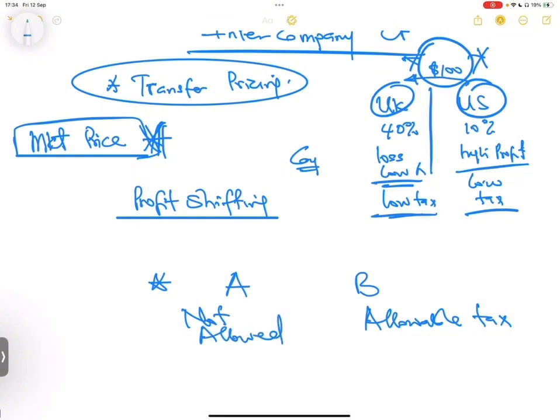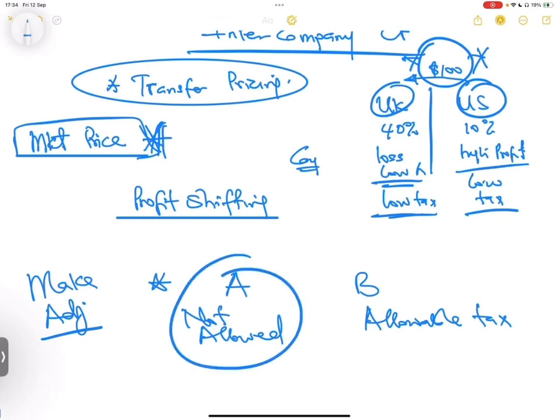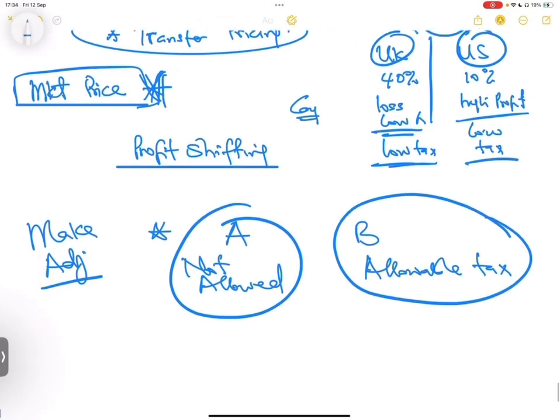So you need to make necessary adjustments as well here. If you find yourself in that situation whereby something is not allowable for tax in the parent, but is allowable in a subsidiary or an investment, then you need to bring it back here and account for tax liability when you are doing your assessment.